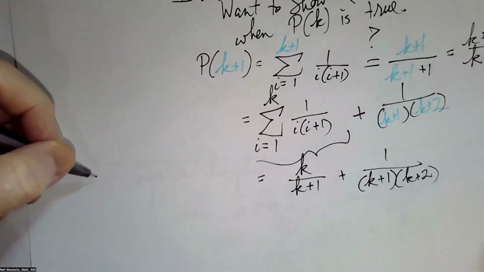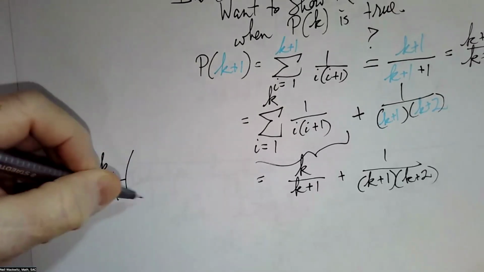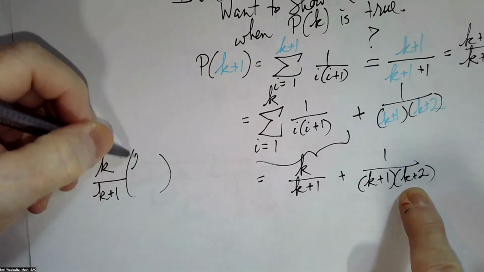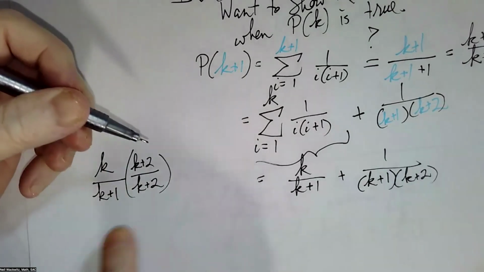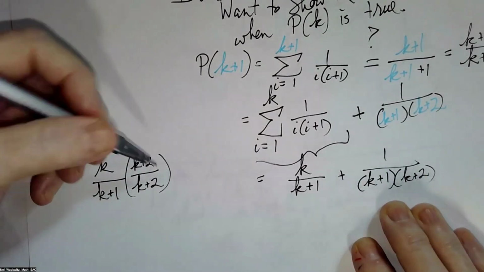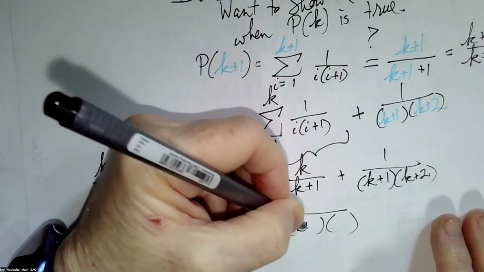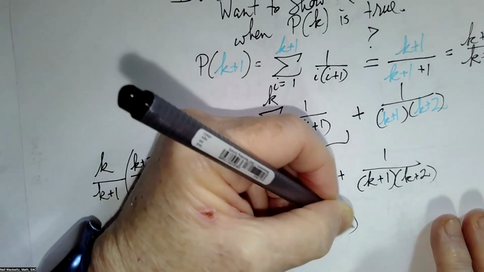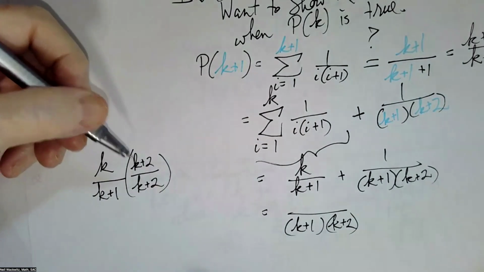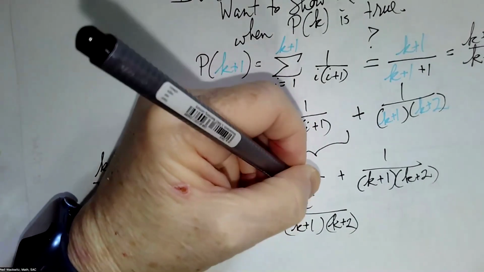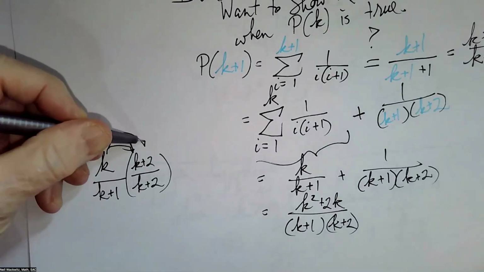So I'm going to multiply K over K plus 1 by K plus 2 over K plus 2, so that the denominator becomes the same. And the numerator is going to be K squared plus 2K, which I got just by distributing.